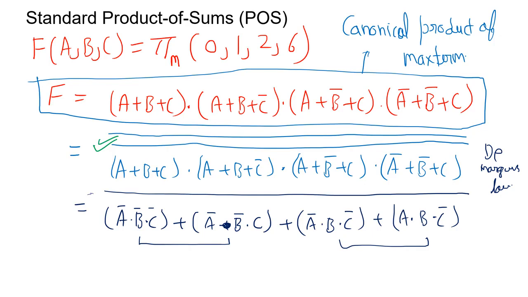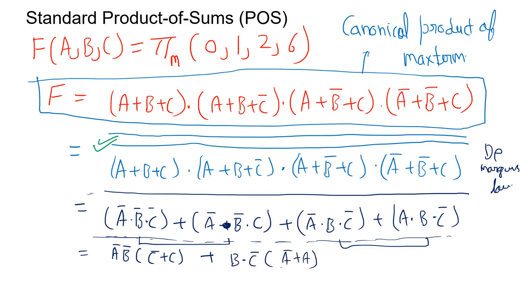A bar B bar is common, and you will get C plus C bar, which is always 1. Then for the other, you will take B dot C bar common, and you will get A bar plus A. So these two will be cancelled out. So you will get bar of (A bar dot B bar plus B C bar).